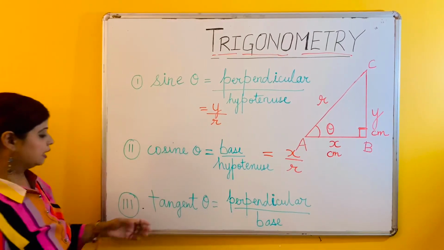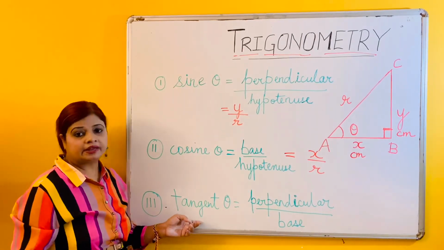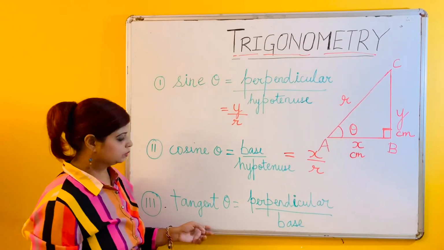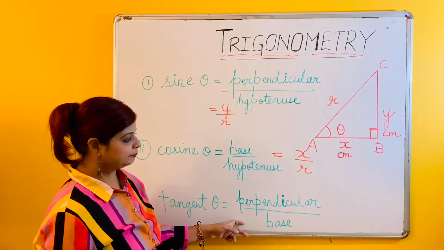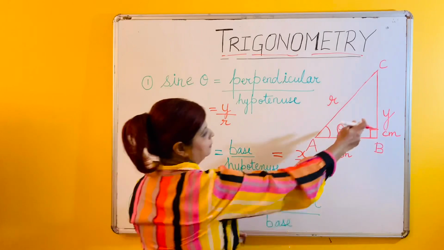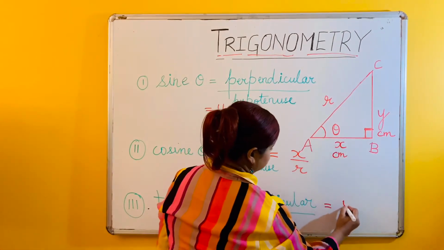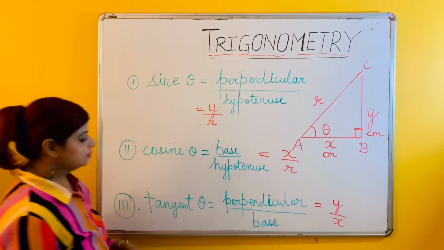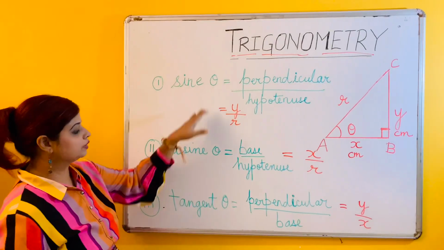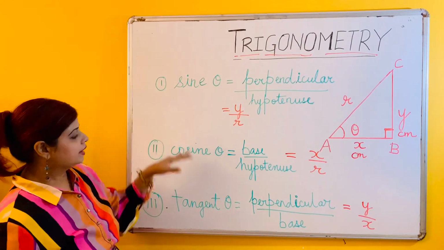Then another ratio is tangent theta, and in short we call it tan theta. It is the ratio of perpendicular and base. The perpendicular here is y, and the base is x, so it is y by x. On a careful look, it is also the ratio of sine and cosine.